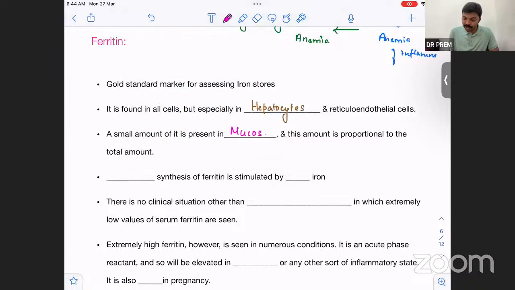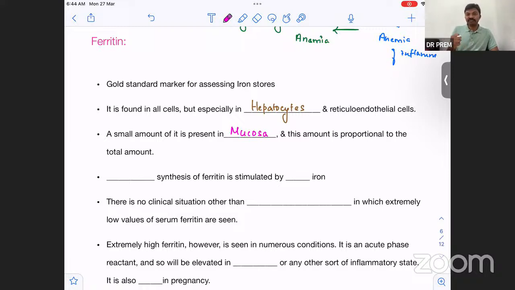In all the mucosal linings, the oral cavity mucosal lining, the GI mucosal lining, we are going to see ferritin. So please remember, ferritin is not just an intracellular protein alone. It is also a mucosal protein, and the importance of ferritin in the mucosa is that we need it to trap iron.